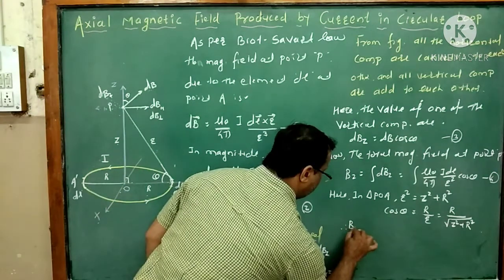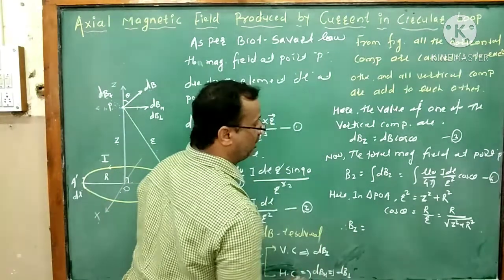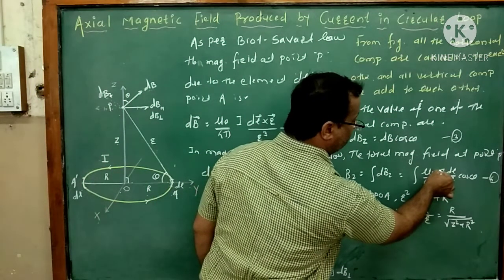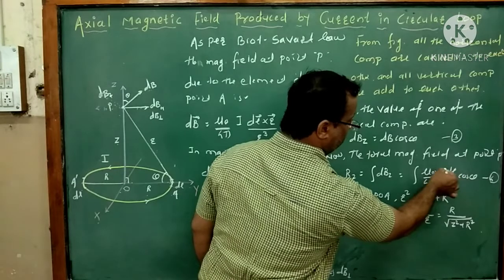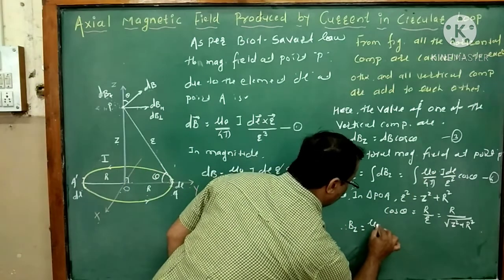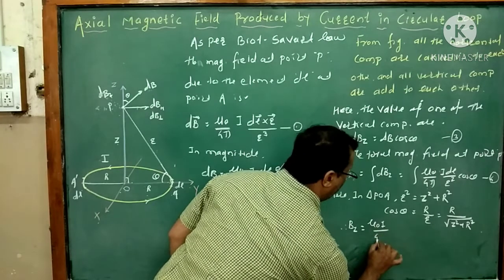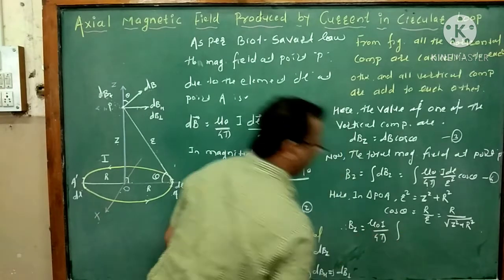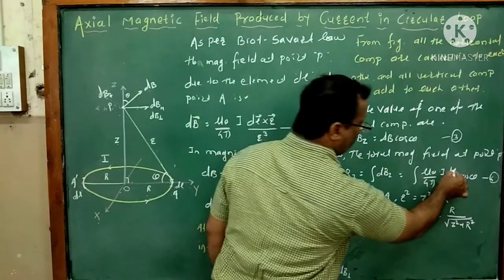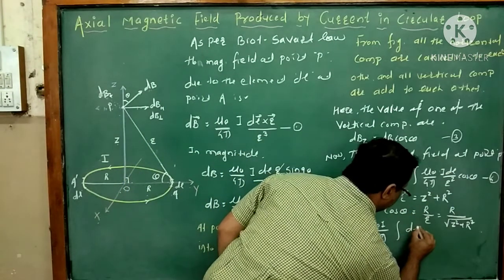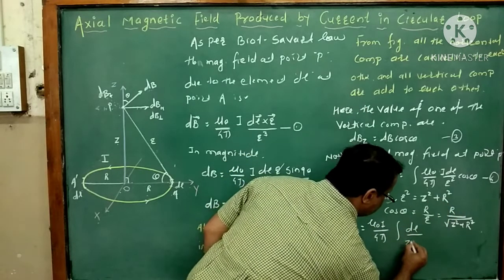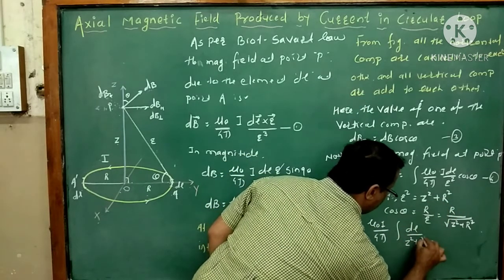Therefore Bz is equal to mu 0 upon 4 pi, again I, right? This I remains the same, so keep mu 0 I upon 4 pi outside. Inside the integration, here this dl is as it is, and the value of r square is Z square plus r square.